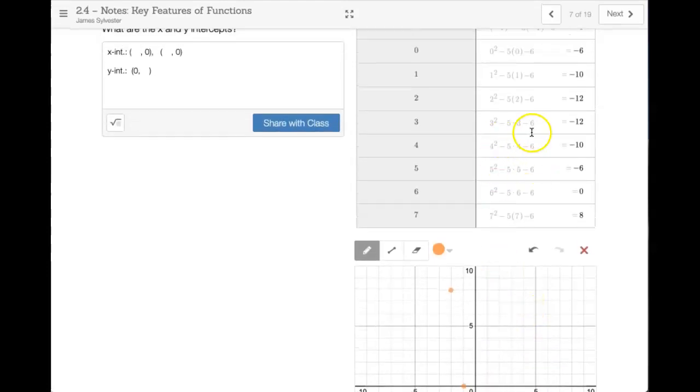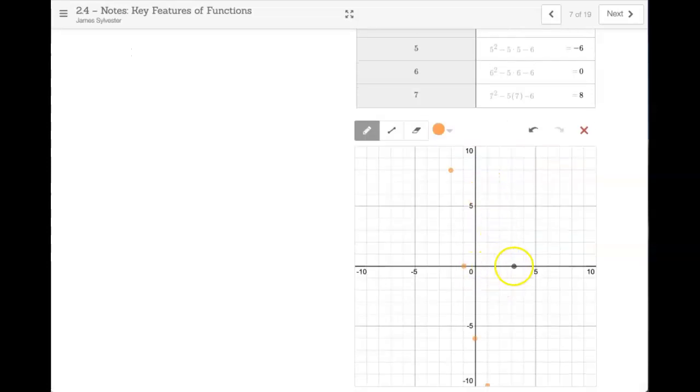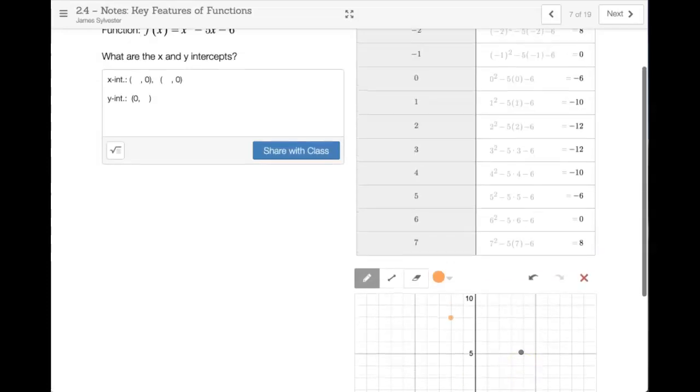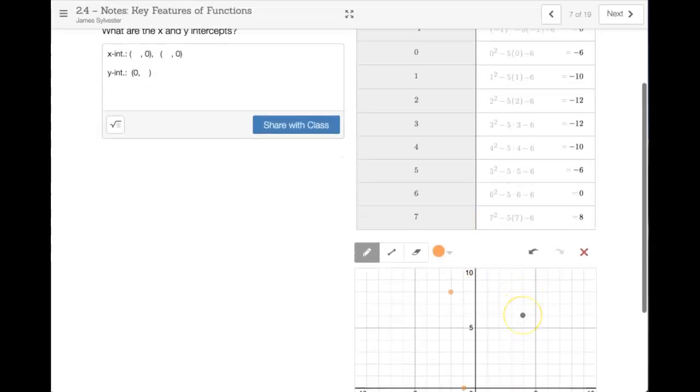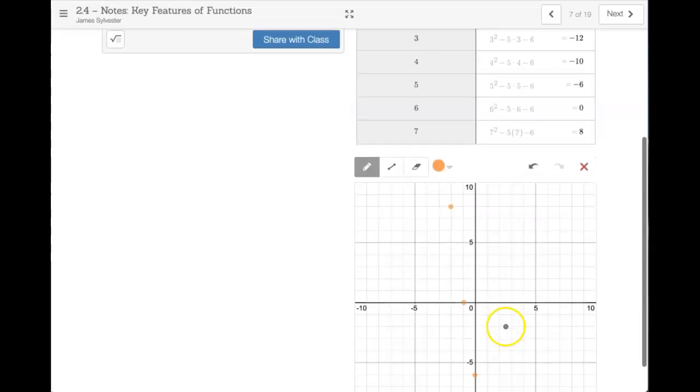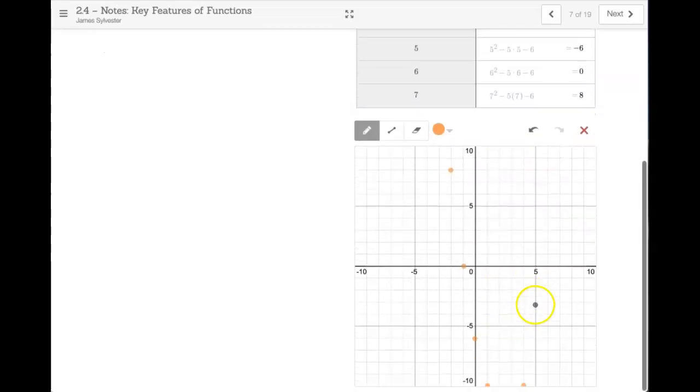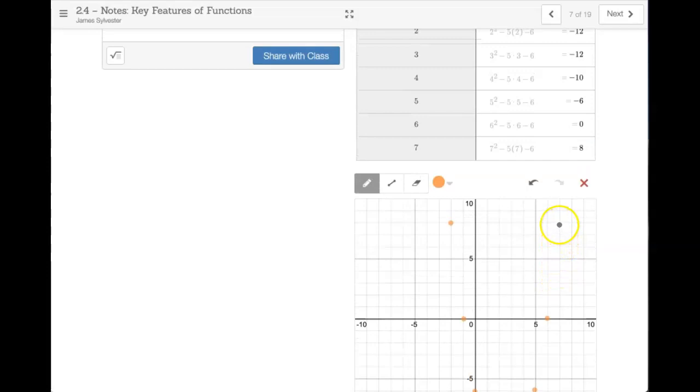So I guess we'll skip those -12s, and then let's go to (4, -10), and then (5, -6), right 5, down 6, and then (6, 0), and (7, 8), right 7, up 8.